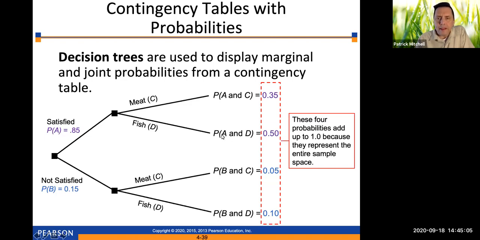The probability that they were satisfied and ordered fish is 0.5. The probability they were not satisfied and ordered meat is 0.05. And the probability they were not satisfied and they ordered fish is 0.1. Notice that these four probabilities add up to 1 because they represent the entire sample space.